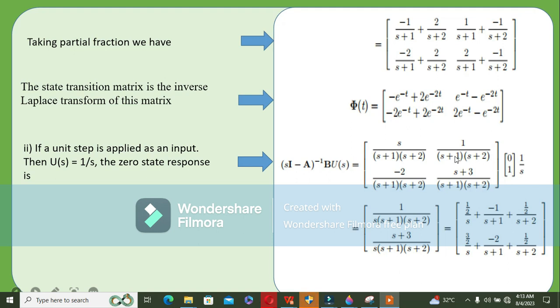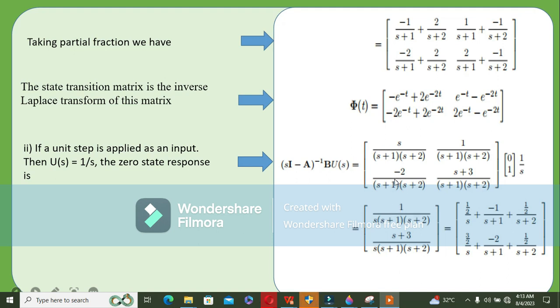Mind you, this times this becomes 0. This times this, remember that this will also be multiplying this. So when we multiply everything here, you're going to have 1 over s at the end of the day times this factor, and that's why you have this while this remains 0.